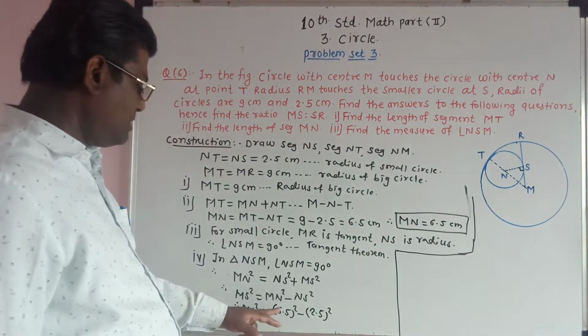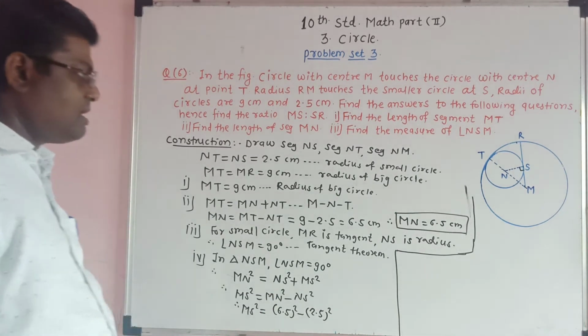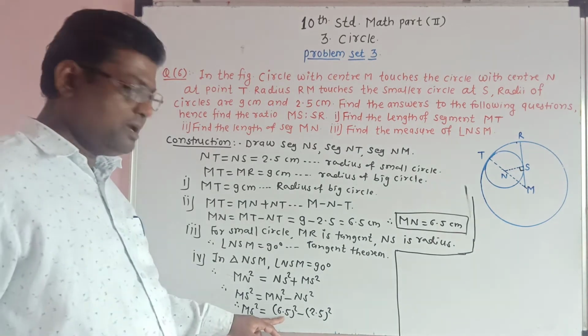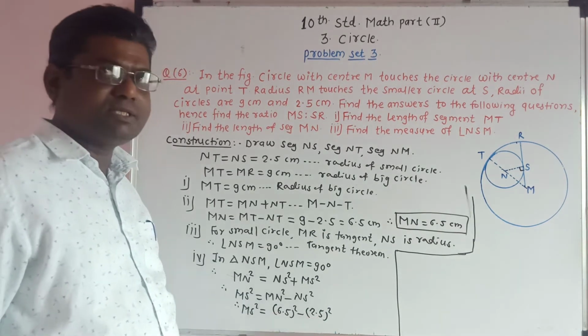Now MS square is equal to 6.5 square minus 2.5 square. This is just like A square minus B square.